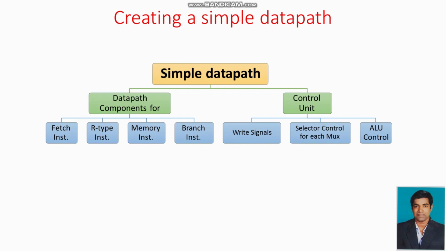In the control unit, we want to do some control operations with the ALU controls, write control, signal controls and MUX control. So here MUX is playing a major role.